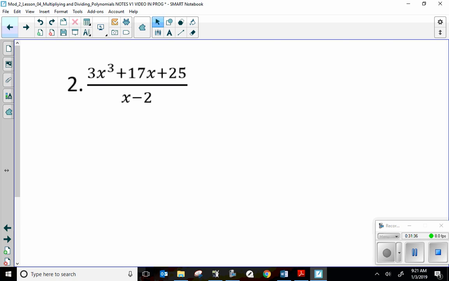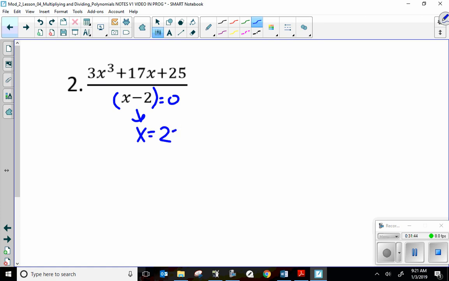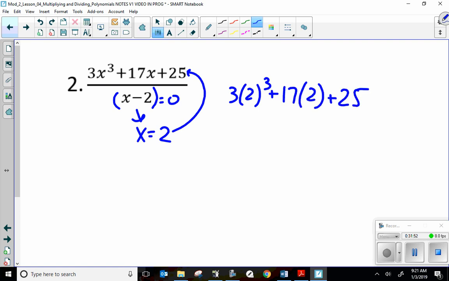Why don't you guys pause and do this? Because I'm about to do it right now. If I solve this, x should equal 2. So I'm going to plug a 2 into all these things. 3 times 2 cubed plus 17 times 2 plus 25. Notice I don't have to fill in missing zeros because I'm not actually dividing. I'm not using the tabular method or the reverse tabular method.